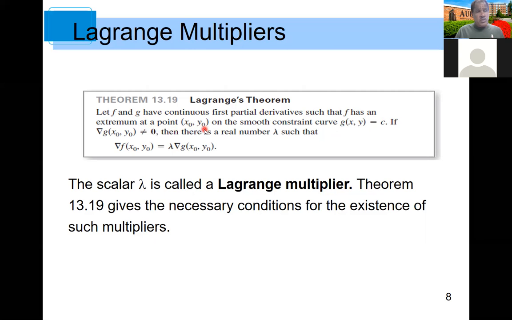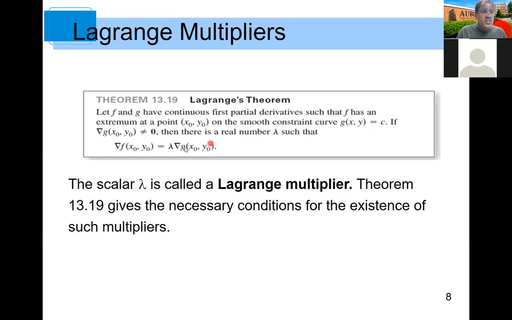Extremum is, as you know, maximum and minimum, on the smooth constraint curve g of x y is equal to c. Smooth curve means it has all the derivatives. It is differentiable. That's what we mean when we say smooth. So these are the conditions.